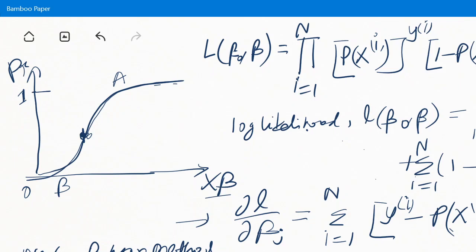The Newton-Raphson method is an iterative method where we get betas by starting with some guess, and we update the betas using the formula below: beta new equal to beta old minus del L by del beta over del square L by del beta square.